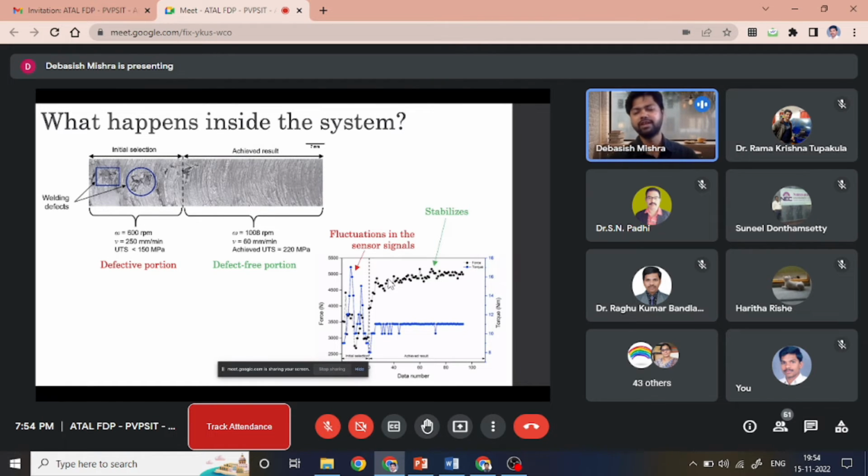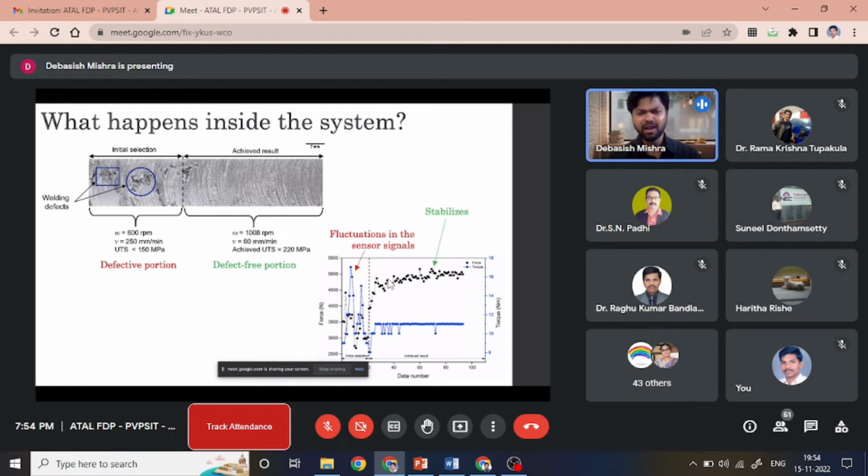Here I have shown the axial force information, and on the right we have the spindle torque that was acting during the welding process. And once it is defect free, once it is a good weld, the fluctuation in the sensor components is very little, or you can say the components are very steady, or it stabilizes.